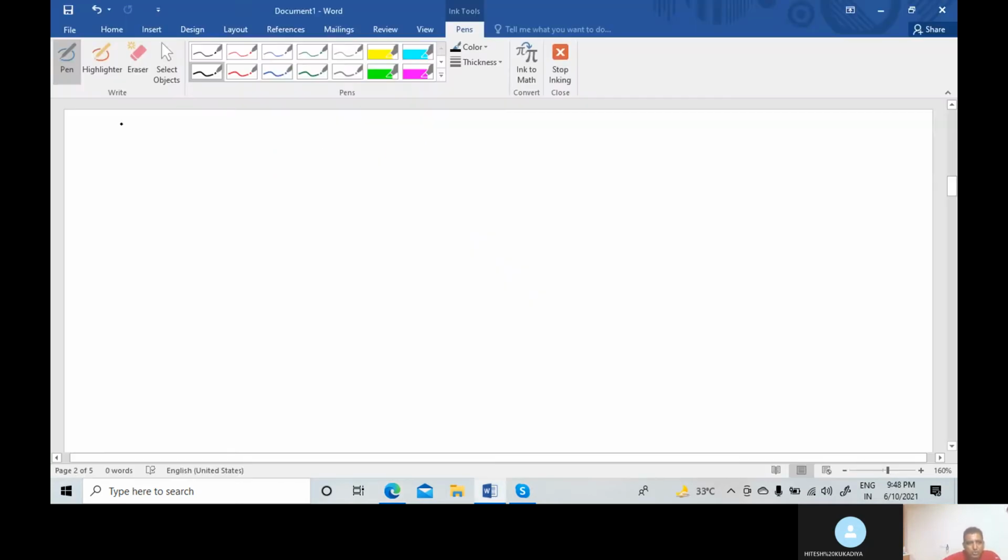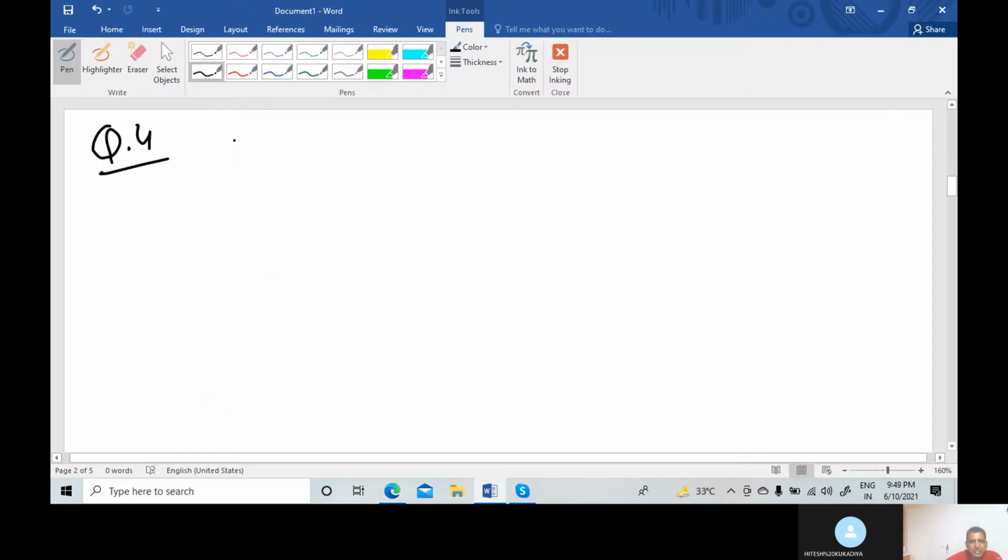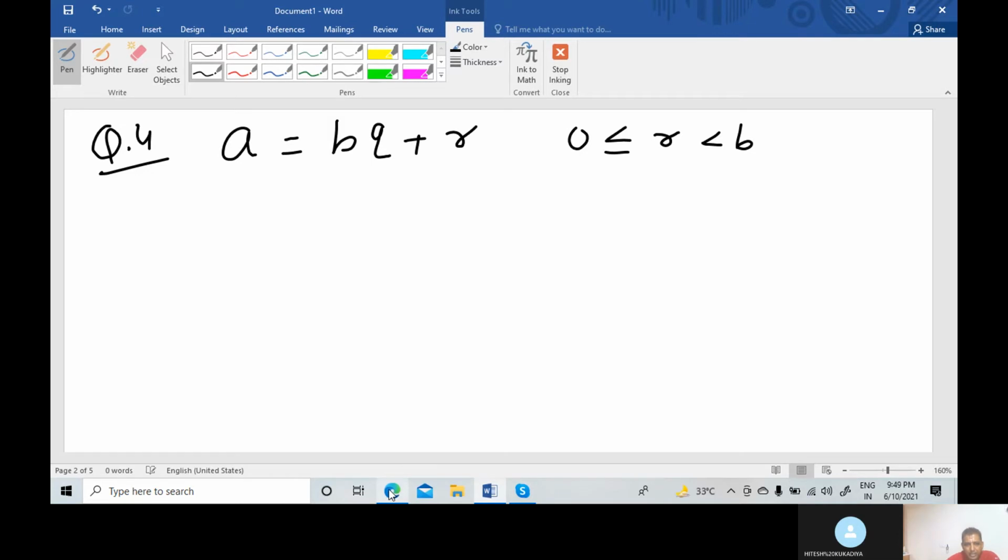First, question number 4. What's the hint? Let x be any positive integer. First we write Euclid's division lemma. Suppose a equals bq plus r. This is the most important: r is less than b.